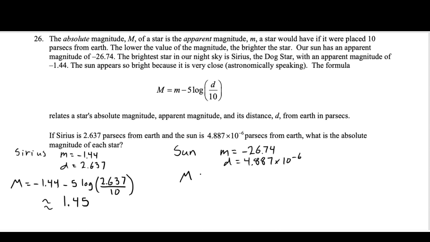So the absolute magnitude is equal to negative 26.74 minus 5 times log of 4.887 times 10 to the minus 6 over 10.